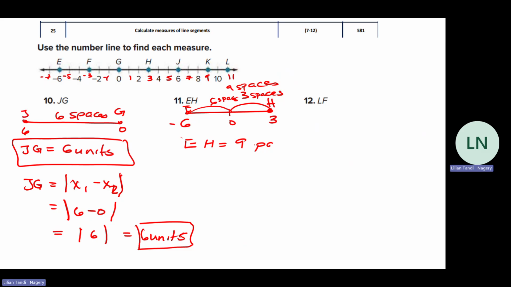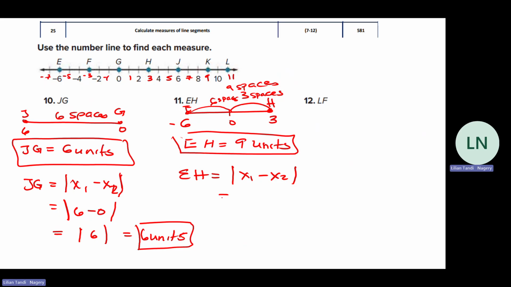Then we use the formula, we confirm that our answer for the first method is correct. E to H is absolute value of x1 minus x2, negative 6 minus 3, absolute value of negative 9, which is 9 units.